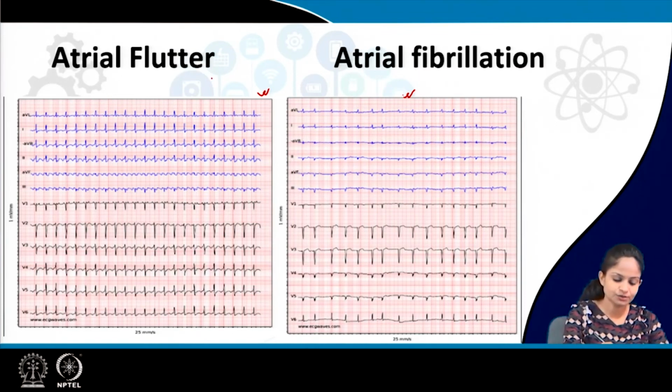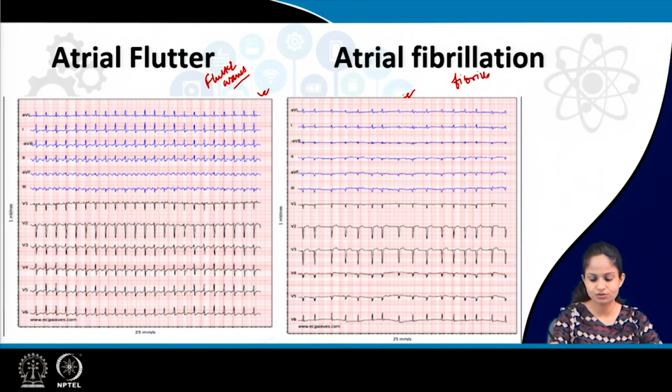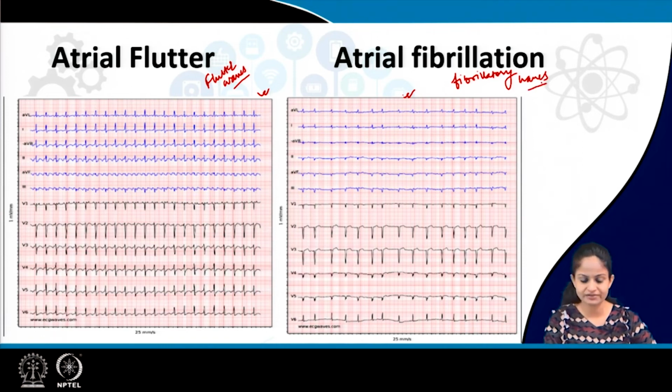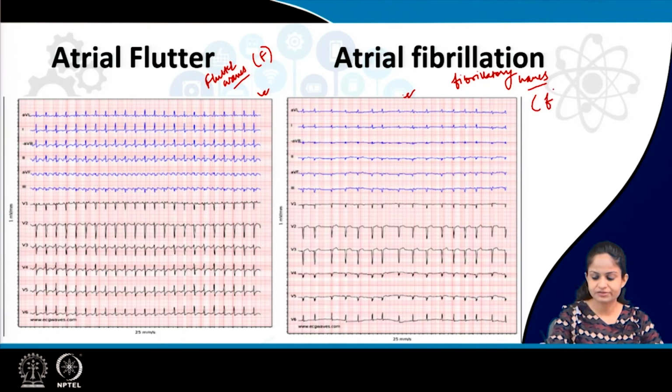In one the waves are very much visible, similar to P waves, and these are known as flutter waves. The irregular waves in the other ECG are fibrillatory waves. Flutter waves are denoted by capital F, fibrillatory waves by small f.